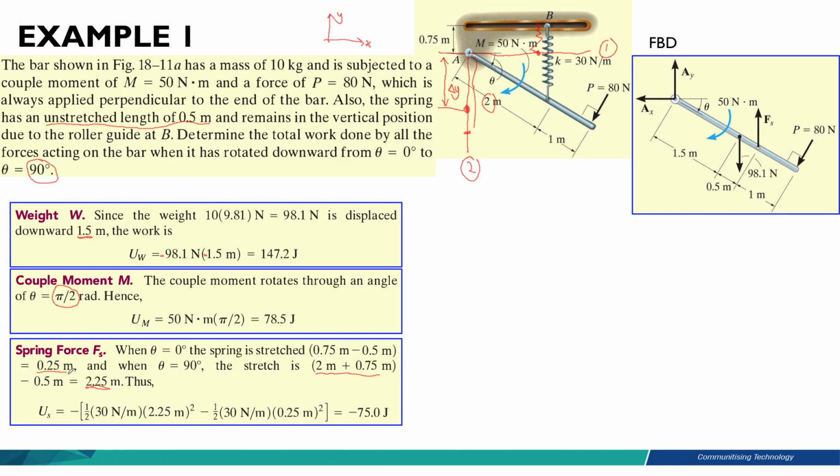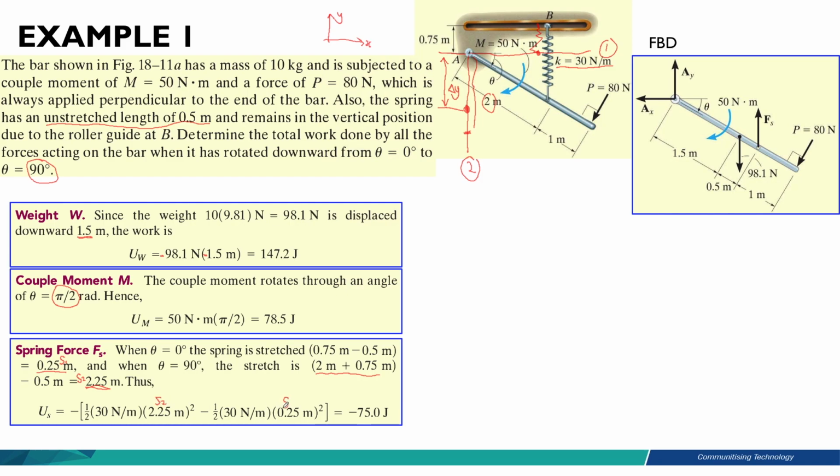When we have the value of S1 and S2, we can straight away substitute in the equation. We have U_S equals half times 30, where 30 is the stiffness of the spring, given here. K is the stiffness of the spring, 30 Newton per meter, times 2.25 squared, S2, minus half times 30 times 0.25 squared, that is S1.